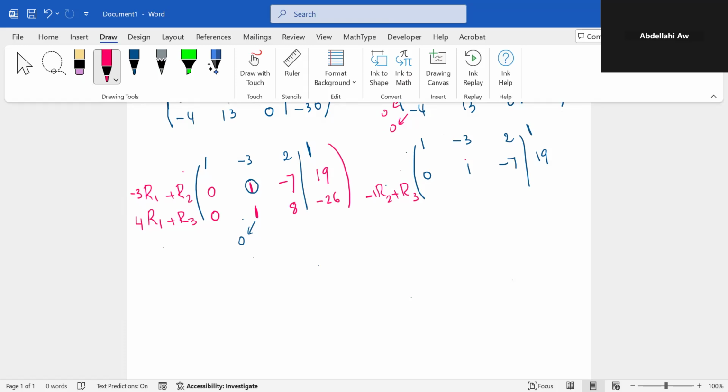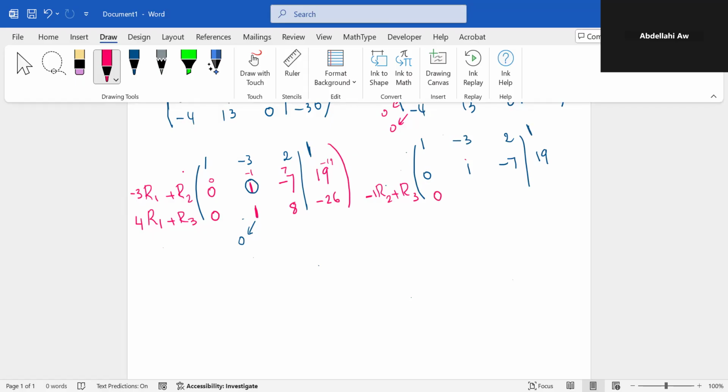You see? -1, which is the opposite of 1 here, times row number 2 plus row number 3. What you're going to get? Everybody here is multiplied by -1. It's going to be 0 right here, -1, +7, -19, right? And then we add them up.